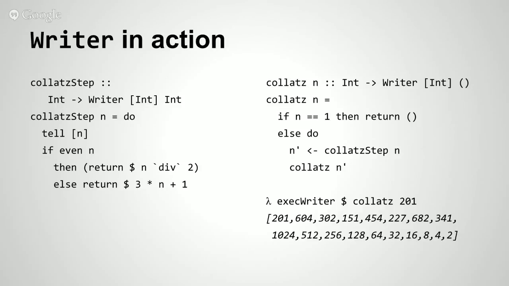And then collatz is a loop built on top of this collatz step. It takes an int and returns a monadic action in the writer monad, which doesn't return anything, but builds up a log of every intermediate step.